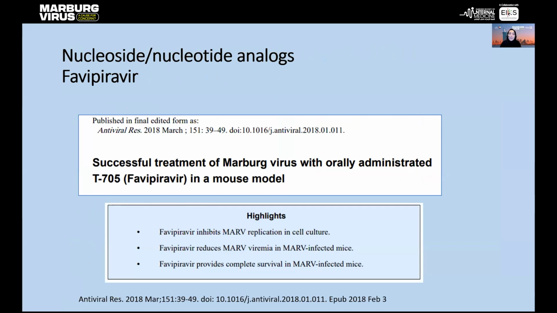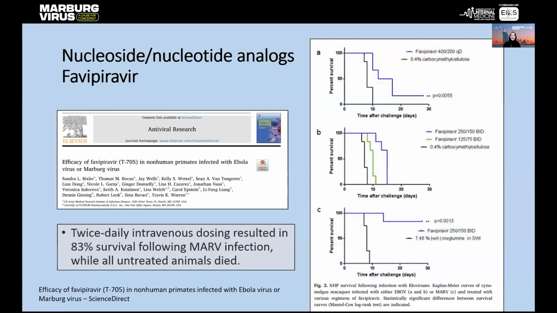So this is another promising drug in the preclinical trials. Another study showed that twice daily intravenous dosing of favipiravir resulted in 83% survival following Marburg virus infection, while all untreated animals died.